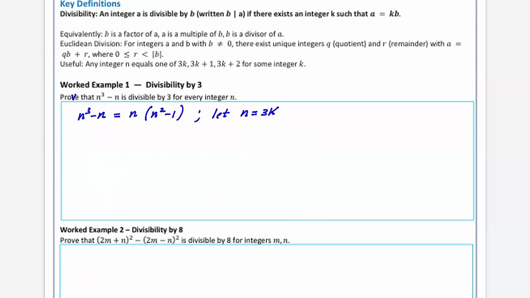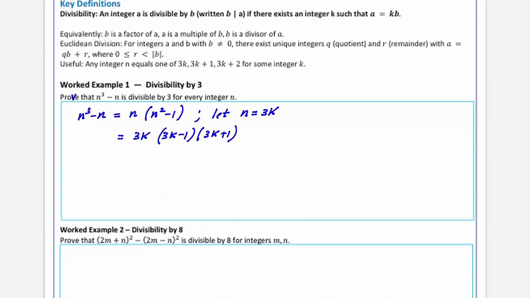So you try to construct it in this way, right? Then it's going to be 3k times, this can be n minus 1, n plus 1, so it's going to be 3k minus 1, 3k plus 1.